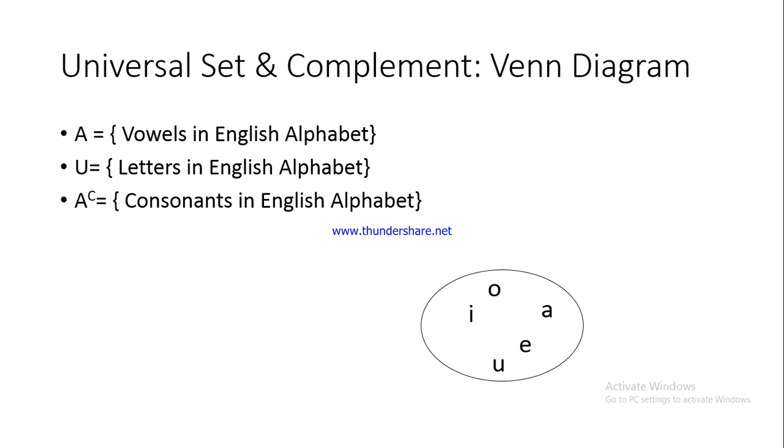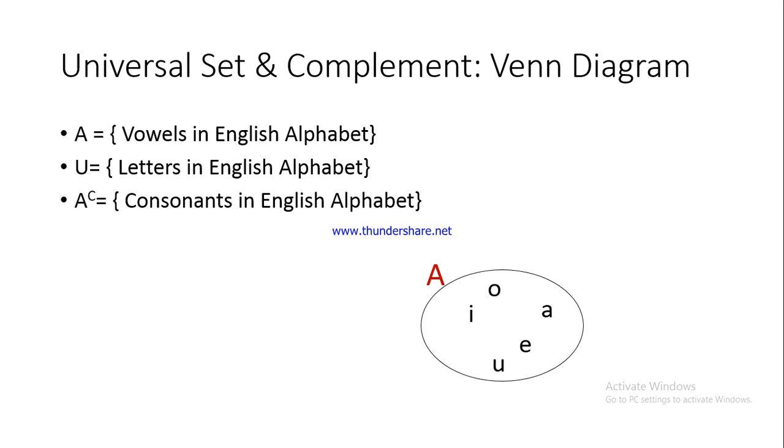Here we start with A, I, and then we move a little towards the north, and then we mention O here. So here we have shown the sequence as I, O, U, E, and A, and it is equivalent to A, E, I, O, U. This is how we are depicting the set A.